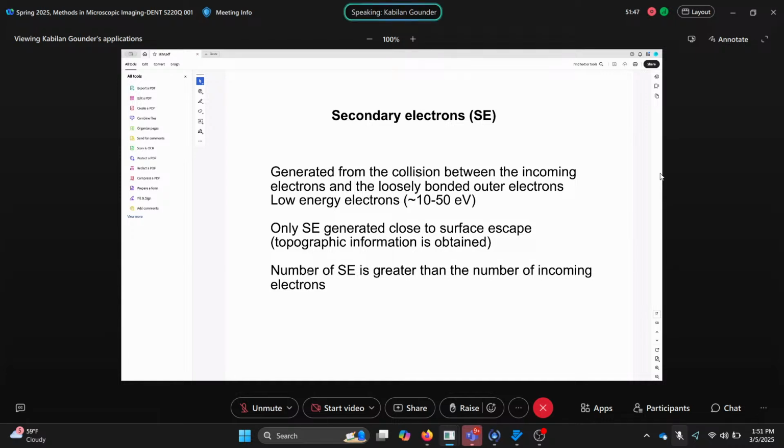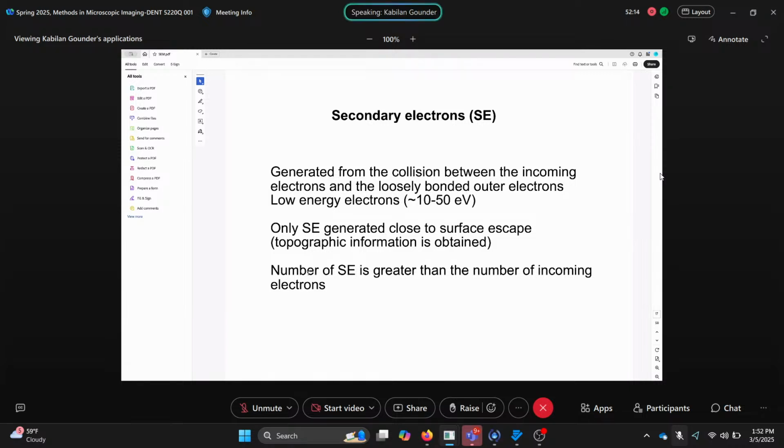Secondary electrons are generated from the collision between the incoming electrons and the loosely bonded outer electrons, so they are always called low energy electrons. Secondary electrons generated close to the surface escape, and that gives you topographic information.